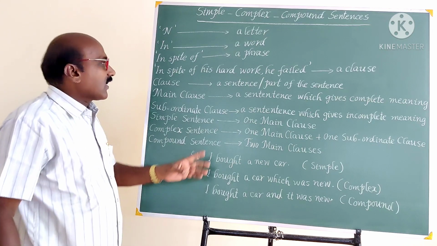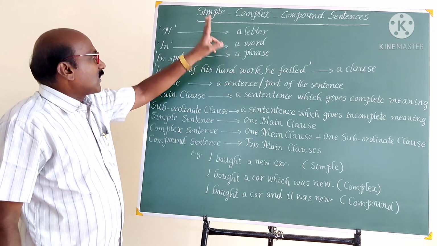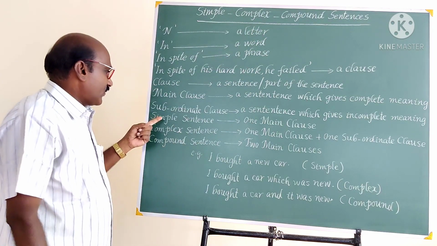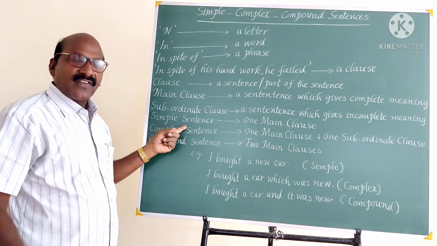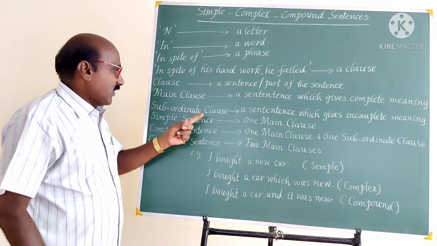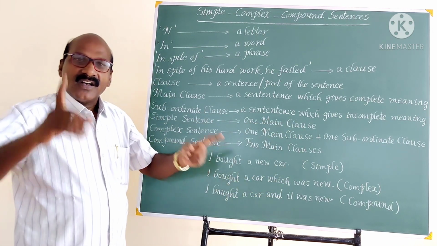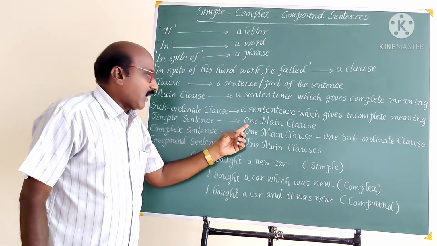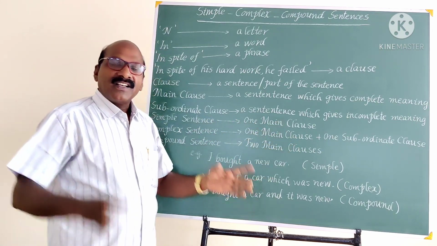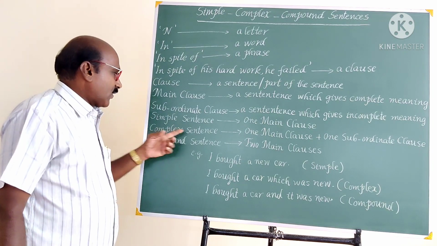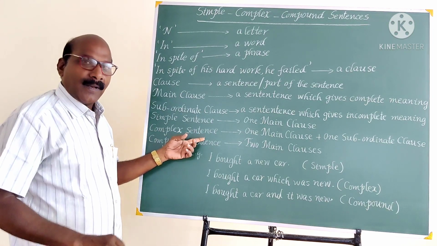And now let's come to the topic of the very title, that is simple, complex, compound sentence. Simple sentence. What is a simple sentence? A simple sentence has only one main clause. And then complex sentence. What is a complex sentence?